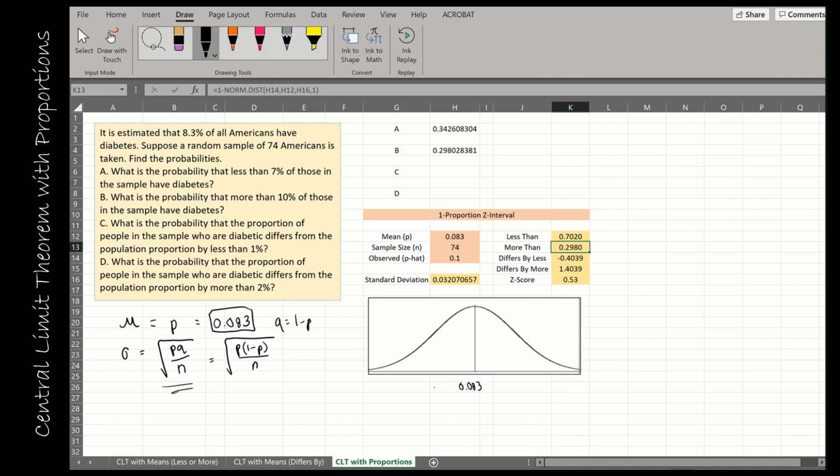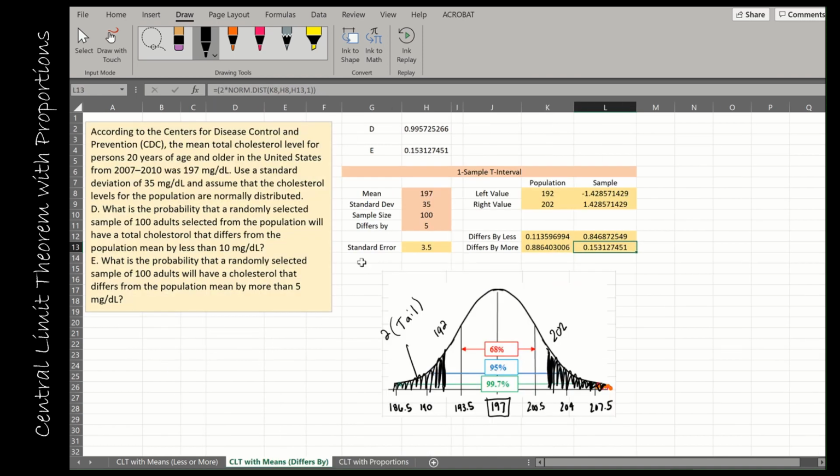So again, we're taking a look at the area between two values, because 1% to the left would be 0.073 and 1% to the right would be 0.093. So on the last examples, on the central limit with means examples, I'll click back over there real quick.